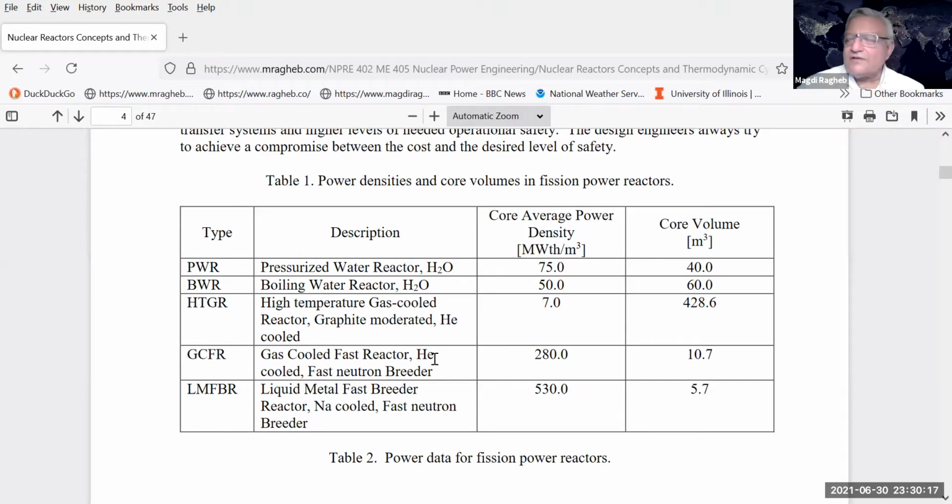This is not adopted yet in existing reactors, but this is a vision for the long-term use of nuclear energy. You can cool the reactor with gas, like in the high temperature gas-cooled reactor, or the gas-cooled fast reactor, in which you can breed more fuel than what you consume.